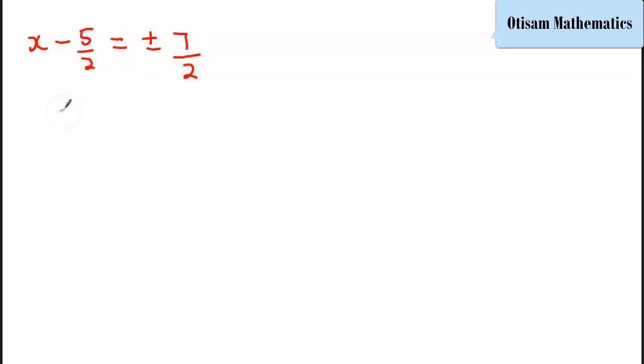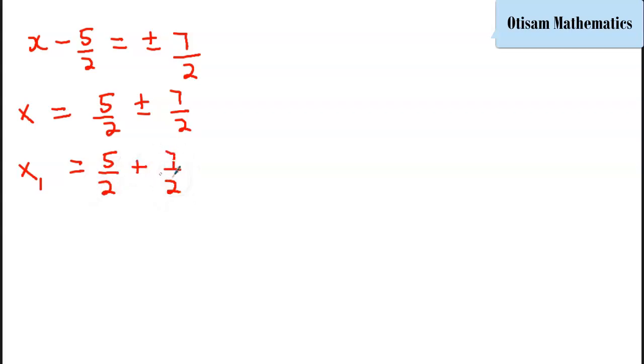So x will be equal to, let's send this one to the right hand side, 5 on 2 plus or minus 7 on 2. So to get the two values of x, x1, you take one of the signs, 5 on 2 plus 7 on 2, because the denominators are the same.